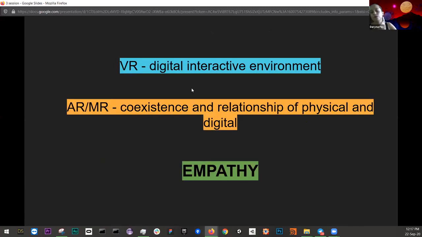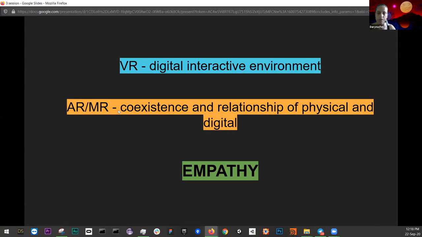So for today's lecture, I will think about virtual reality as a digital interactive environment. So it could be not only virtual reality in a helmet, but also presentation, video projection, mapping, augmented reality, and mixed reality.